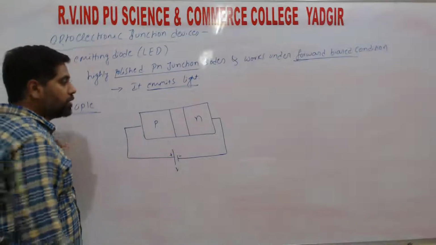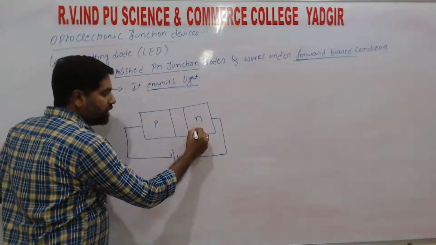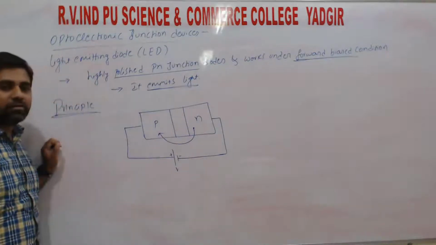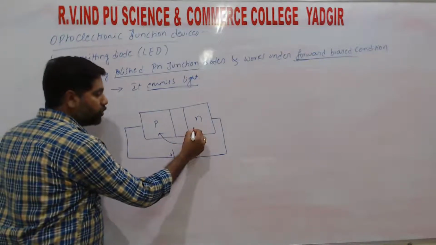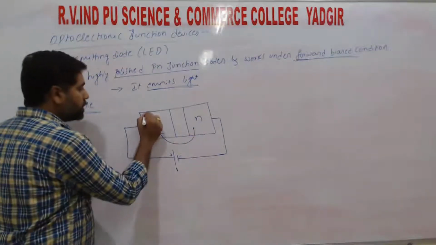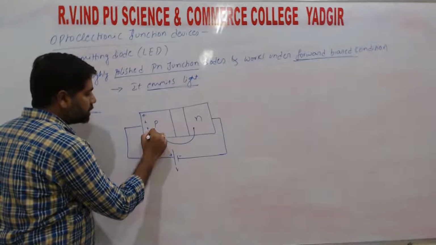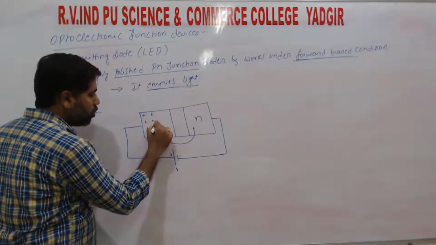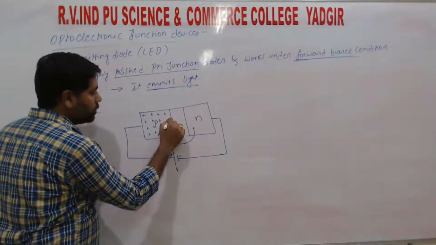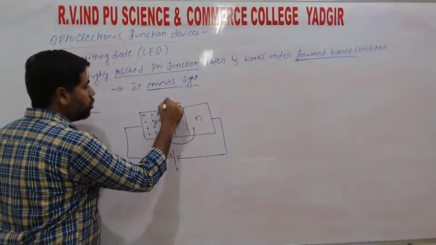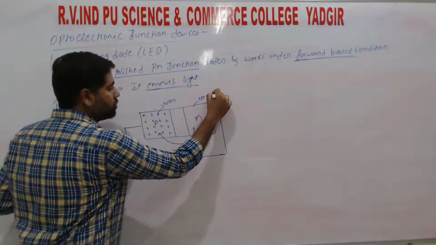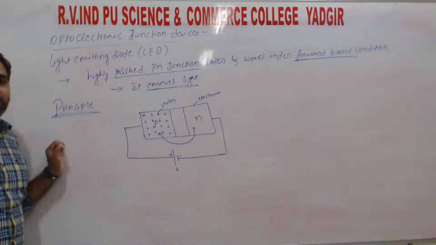Here the electrons present in the N region move towards the P region. That means the electrons diffuse from the N region to the P region. In the P region we have positively charged holes, and in the N region we have electrons, the negatively charged particles.